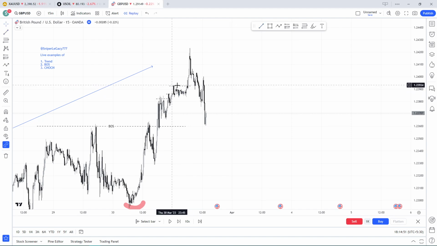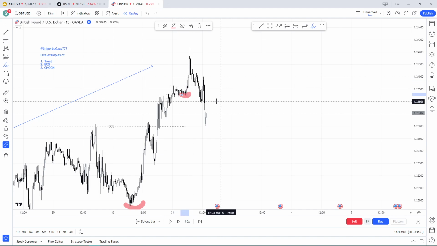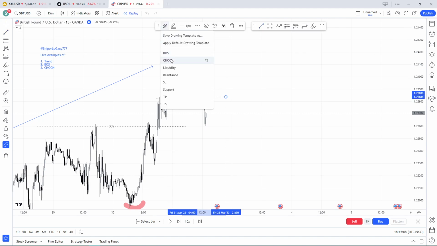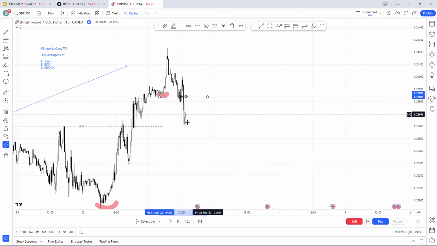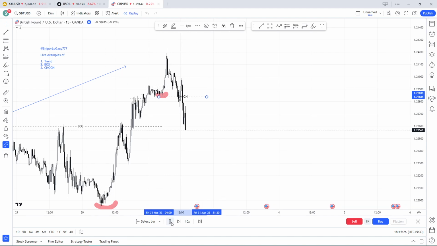So if you consider this minor BOS, then we have to consider this point as our lower high. So now what has happened is our lower high has broken, right? So what does this mean? This means CHOCH. Okay, this now is CHOCH. Now if GU comes back again and gives a breakdown, then it is a BOS and it will confirm the bearish trend. Okay, let us replay.